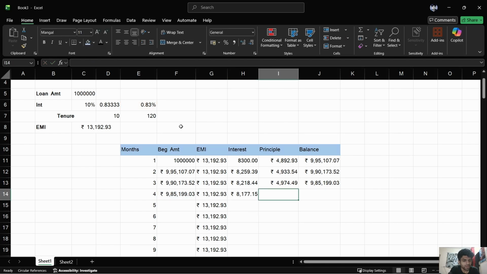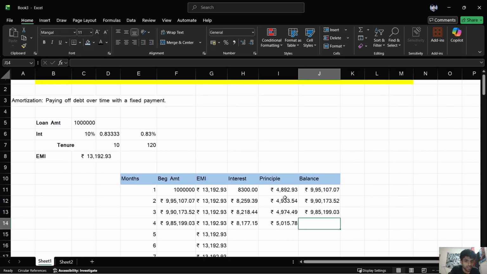7.15 thousand rupees as the interest out of 13,192, and the remaining would be your principal. So now, as you can see, the principal amount is increasing.